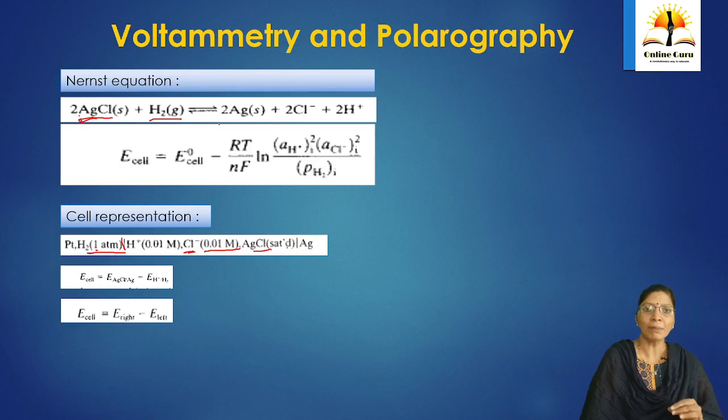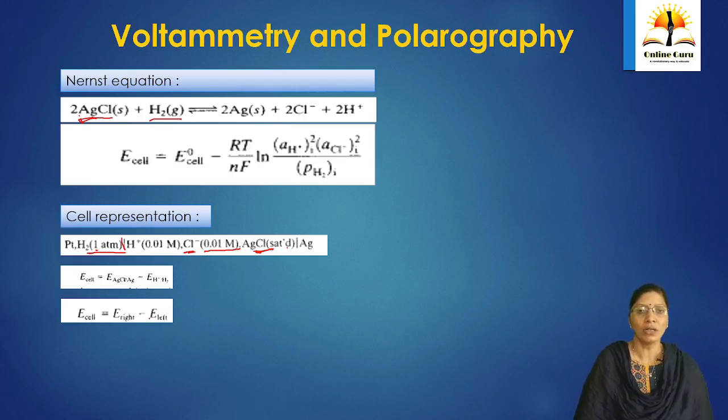That means Ag plus is getting reduced, right? So we have this cell represented, and we can say that E right minus E left will be the total EMF of the cell. What is the EMF of the cell? Given by Ag plus over Ag and H plus over H2.